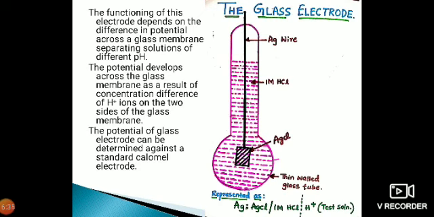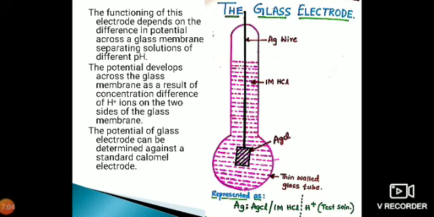Sealed into the glass tube is a silver wire coated with silver chloride at its lower end. The lower end of the silver wire dips into the hydrochloric acid, forming a silver chloride electrode. The glass electrode may be represented as Ag, AgCl | 1 M HCl |. It is placed in contact with the H+ ions of a testing solution.